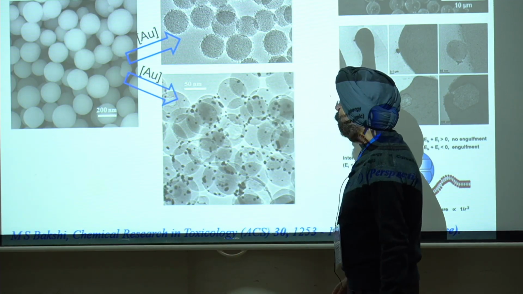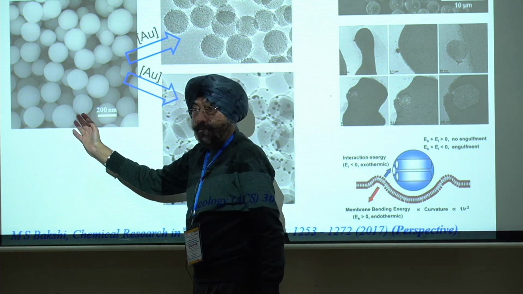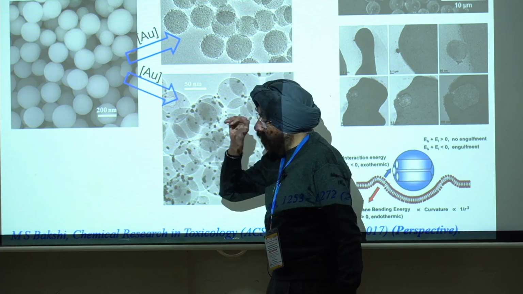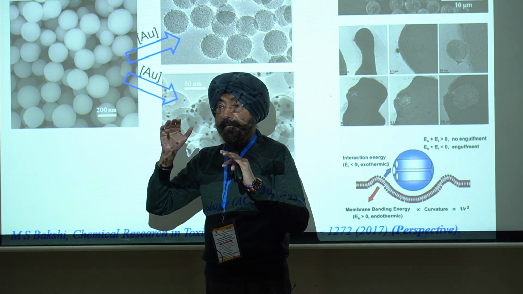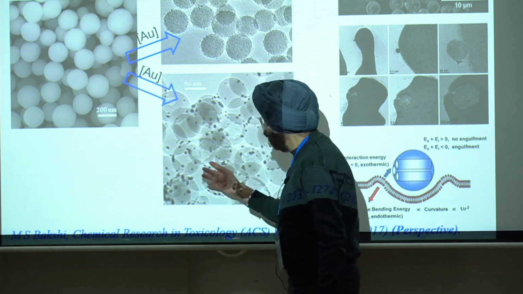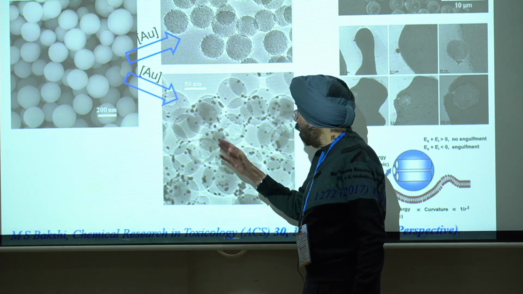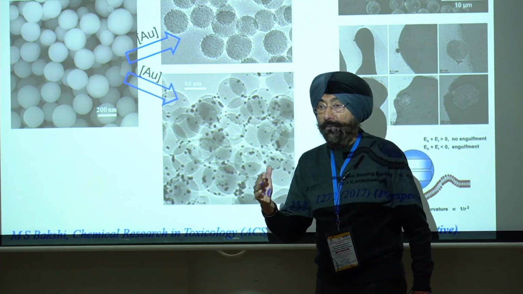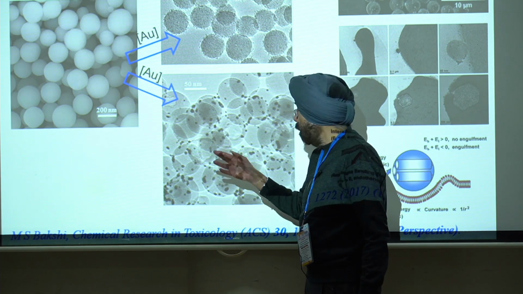Right. So this is the scanning electron microscope image, SEM, but this is the TEM. TEM can look through the object. So therefore, they look transparent, because they are not metallic, they are oxide. So the diffraction is low and hence they look semi-transparent.